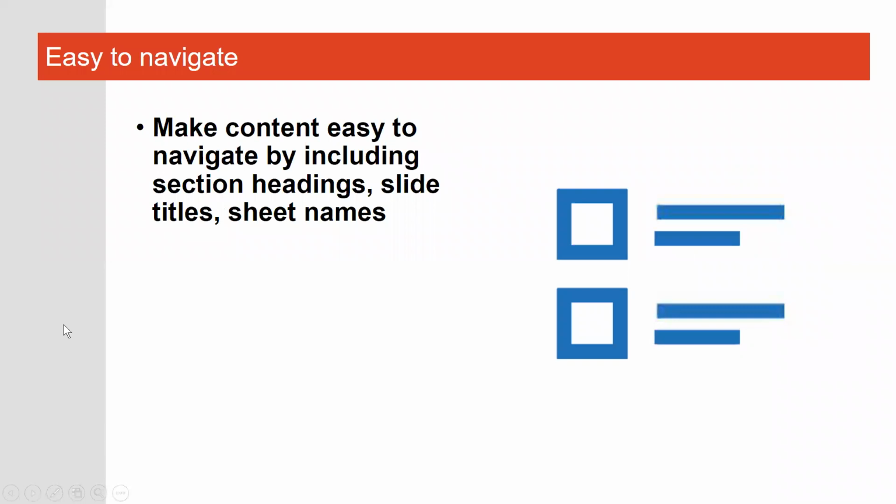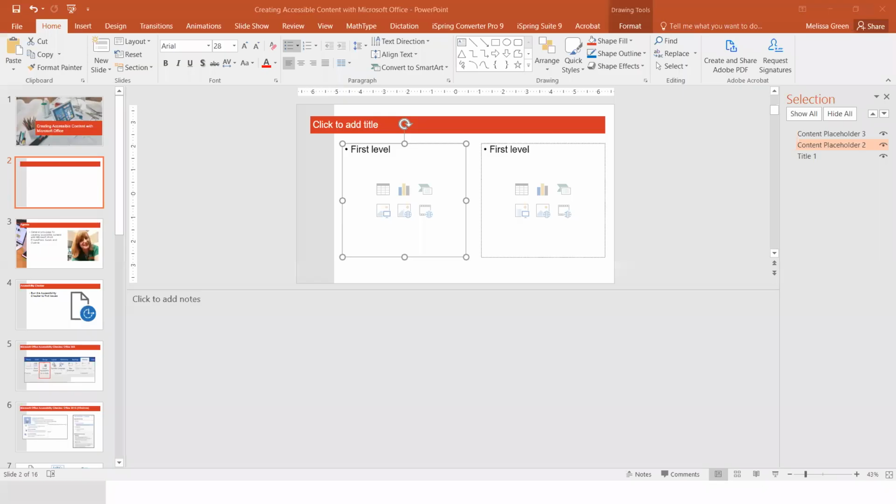So we just talked about the importance of using headings and tables of contents to make content easier to navigate. Slide titles in PowerPoint and sheet names in Excel can do the same. Switching back over to the editing view of this workshop PowerPoint we've been looking at this morning, there's a few different ways to add titles to your slides in PowerPoint.